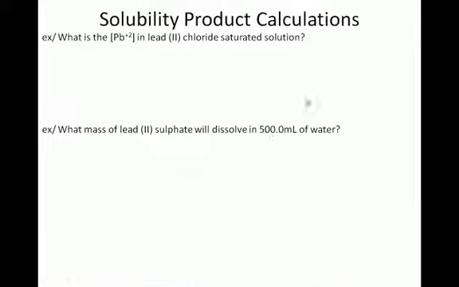Here's the first one. Just like I said, lead 2 chloride, and it asks, what is the concentration in a lead 2 chloride saturated solution?